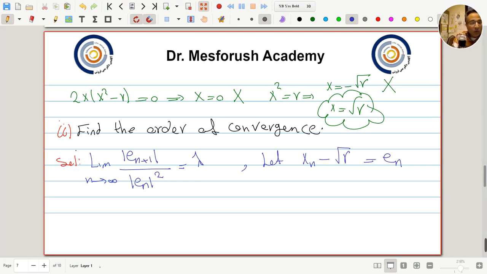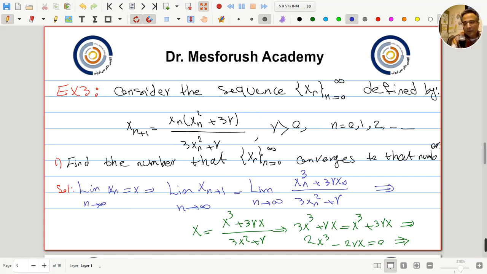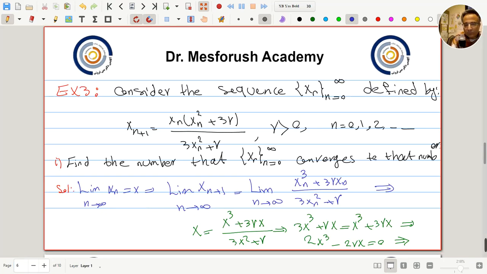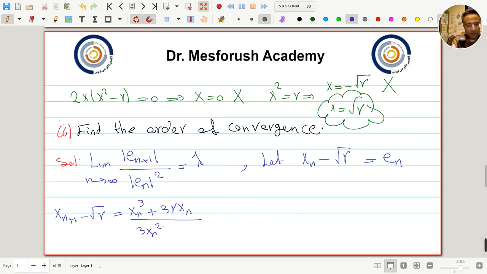Now subtract the square root of r from both sides of the sequence, so we get x_{n+1} minus the square root of r equal to (x_n^3 + 3r x_n) over (3x_n squared plus r) minus the square root of r.